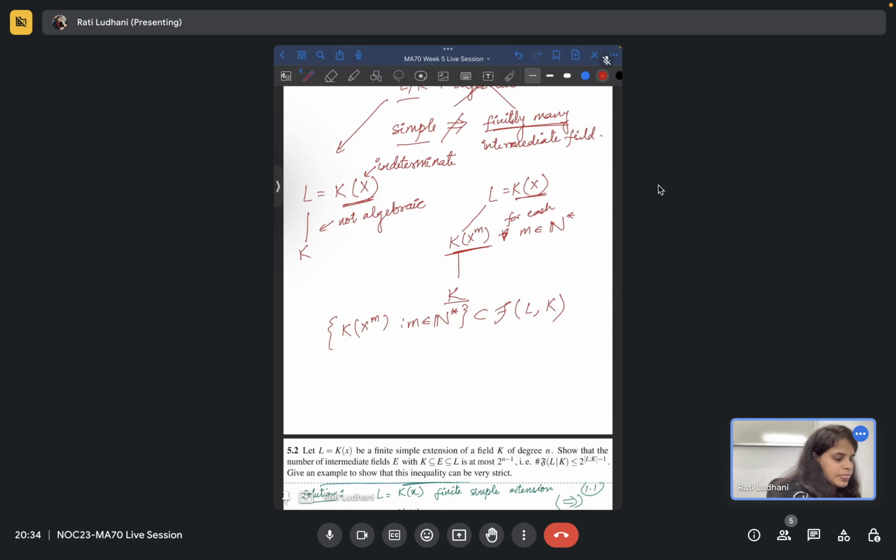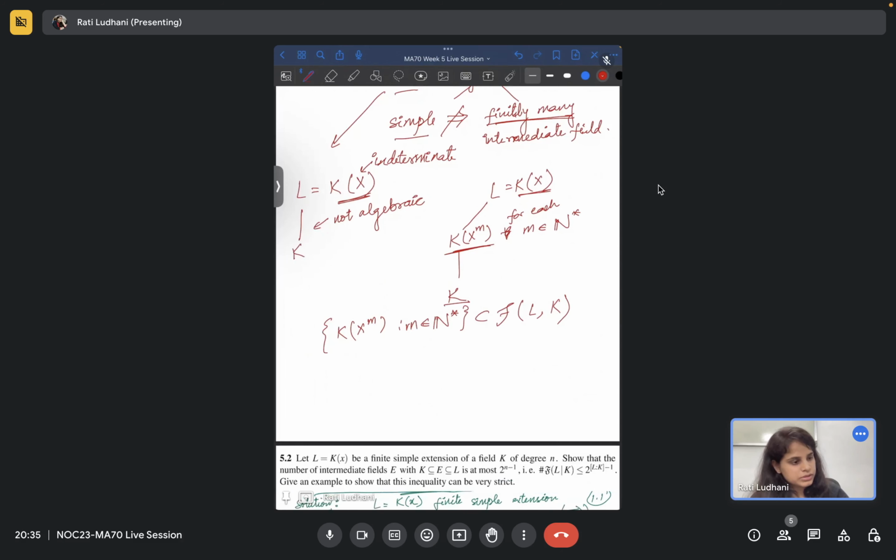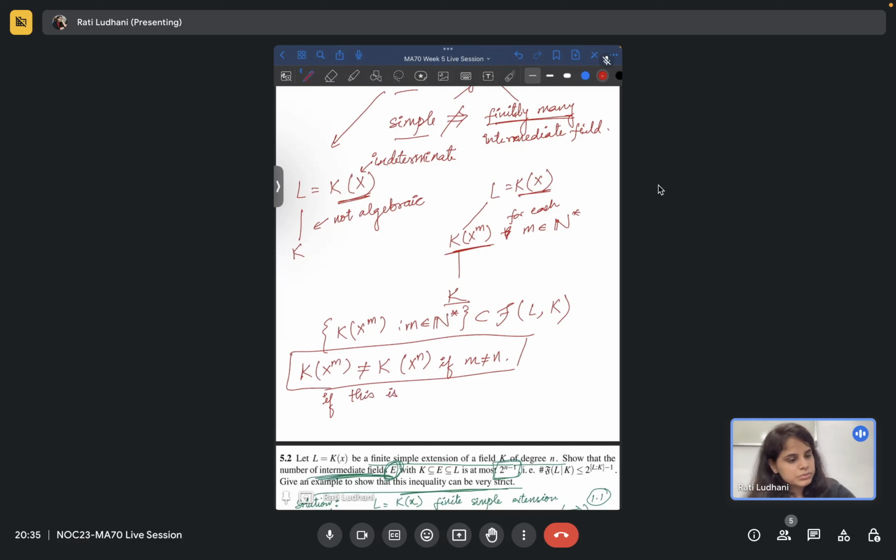Now we claim that k(x^m) is not the same as k(x^n) if m is not equal to n. This is one condition we are using. Why can this not be the case?